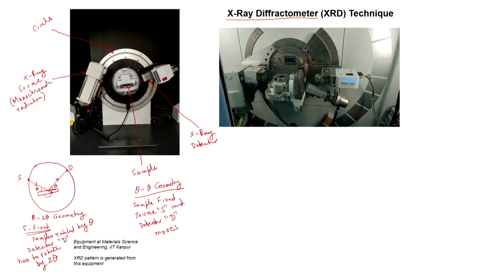Essentially, the detector is measuring the intensity of the X-rays at different values of the angle theta, and this is how one would get the diffraction pattern. The horizontal axis is not theta, but is kept as 2 theta, and this is the intensity of X-rays.